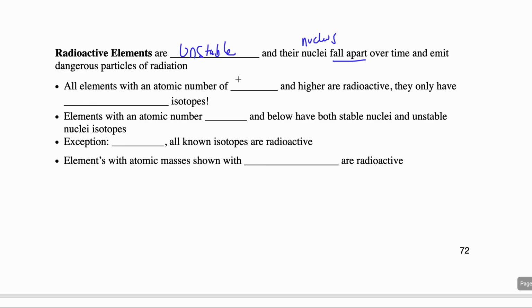All elements with an atomic number of 84 or higher are radioactive. They only have radioactive isotopes. So they have no stable isotopes.